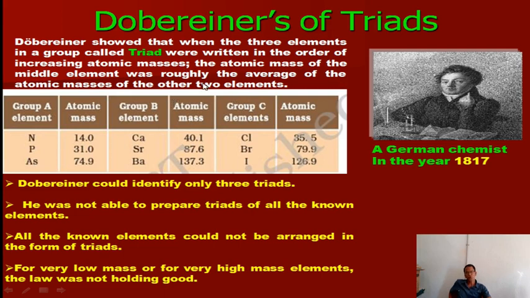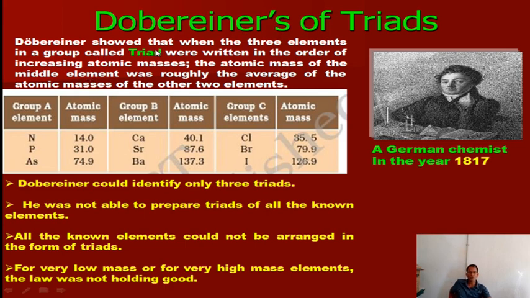He took three elements in a group called a triad. So a number of triads he made, and these triads are arranged in a systematic way in increasing order of atomic mass.